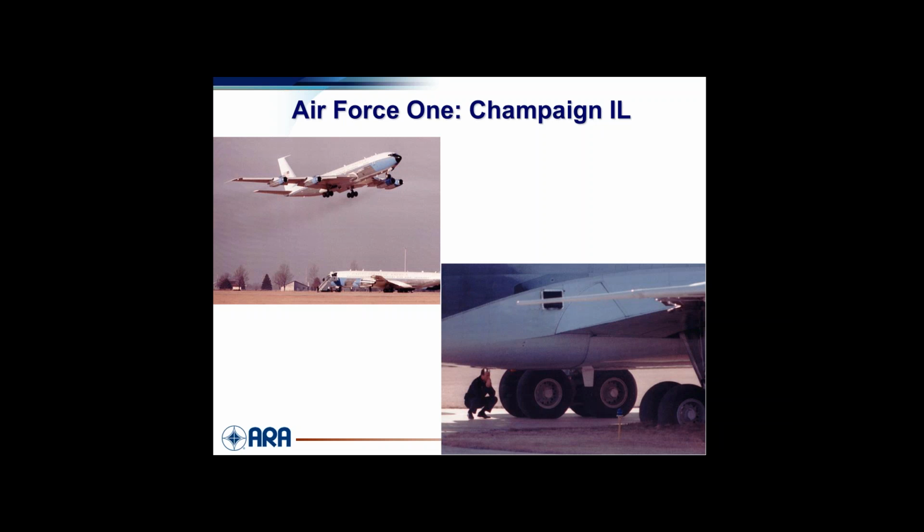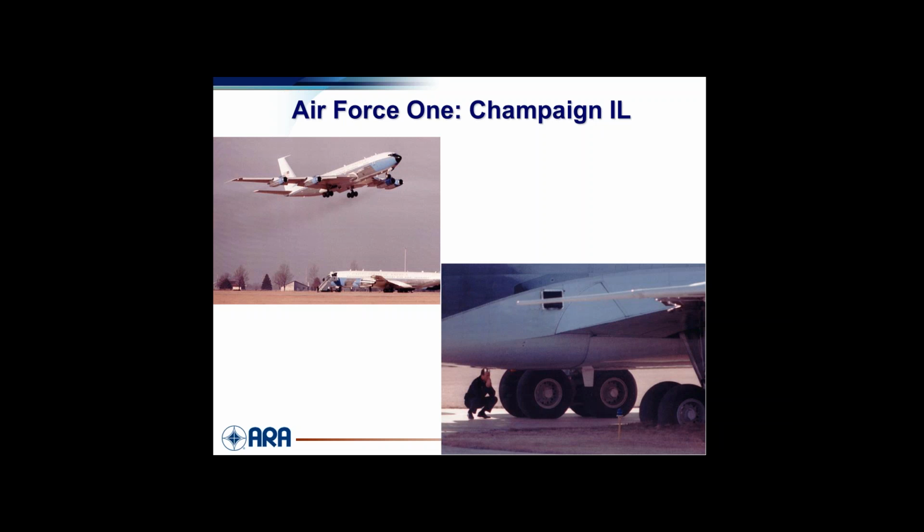I wasn't there. Air Force One pulled in to the airport out here, and Air Force Two behind it. Was it the late 90s? It was the second term. Okay, great.